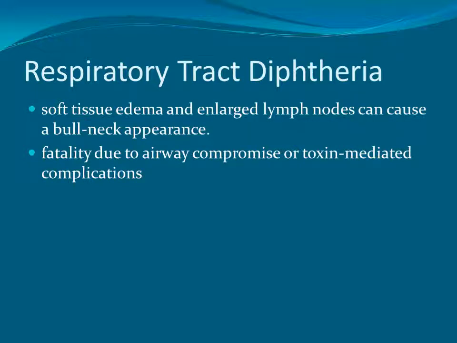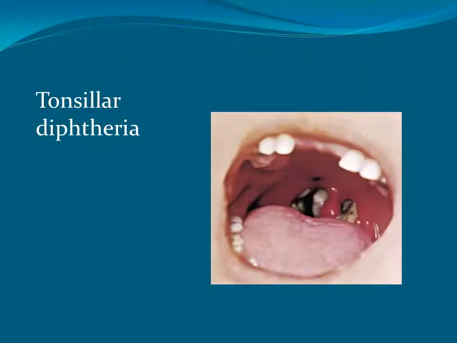Soft tissue edema and enlarged lymph nodes can cause what's called a bull neck appearance in the neck. Fatality is due to airway compromise or toxin-mediated complications. Sometimes this microorganism secretes a toxin that causes neuritis and myocarditis, and this is responsible for the complications.